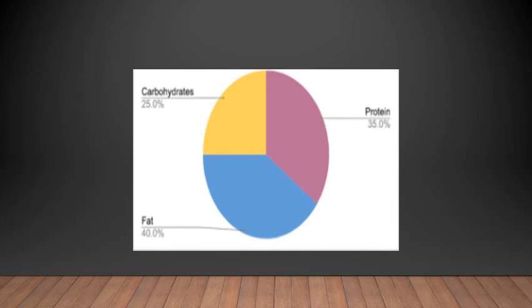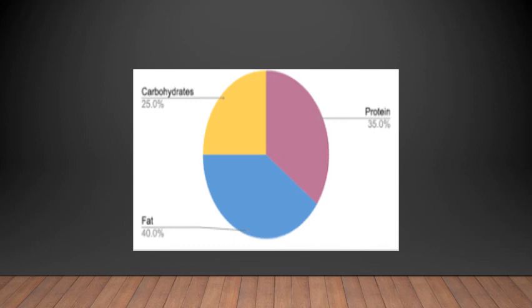Now I would like to add that proteins, carbohydrates, and fats are the nutrients that our body requires in large quantity. As we know, vitamins and minerals are also present, but we don't need them in large quantity. In the following graph, there is a circle and some portions of it are colored.